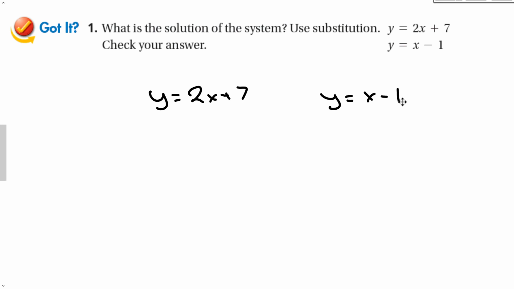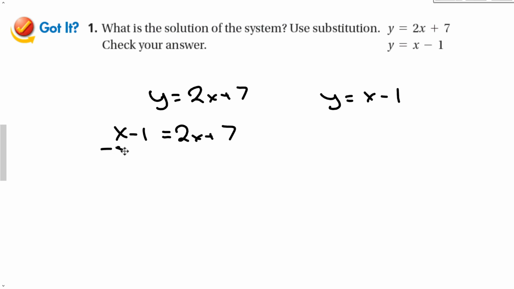Well, I know that because these are both equal to the same thing, I can use substitution to replace y with something else. Let's replace this y right here. So I can, instead of y, write that x minus 1 is equal to 2x plus 7 because x minus 1 and y are the same thing.